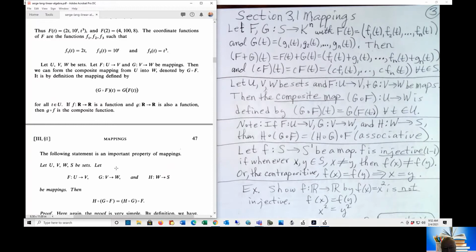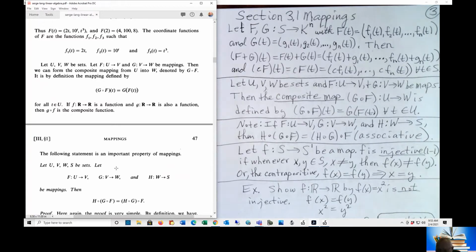And then as a note, we also observe that composition of functions is associative. If you have three functions or mappings, say f, g, and h, where f goes from u to v, g goes from v to w, and h goes from w to s, then h composed with g and f is the same as h composed with g, and then composed with f.